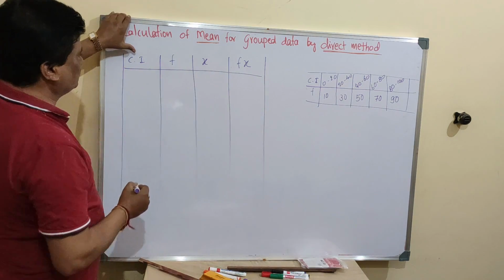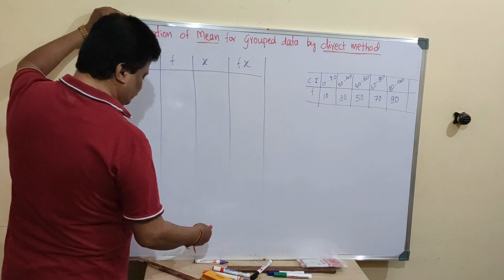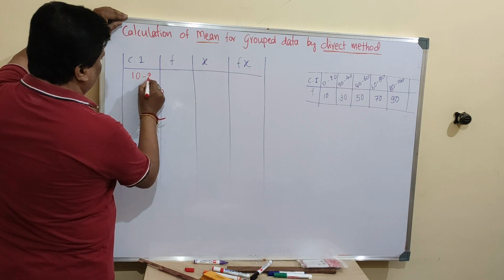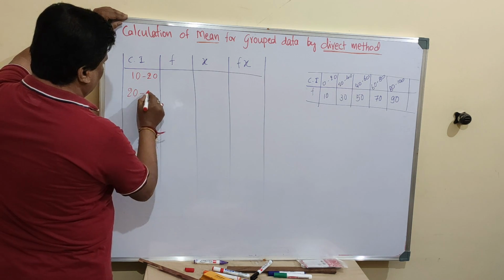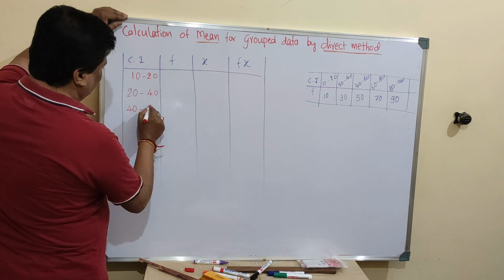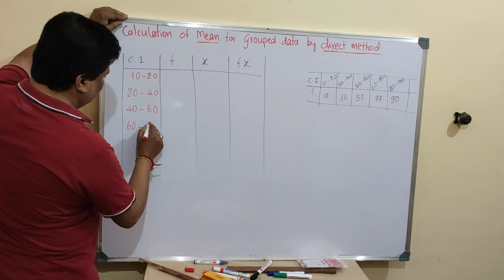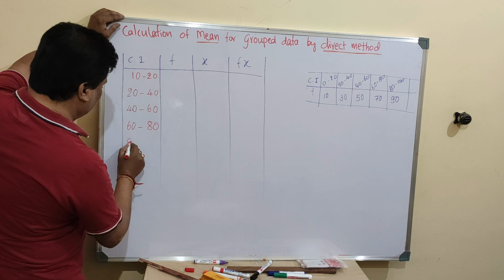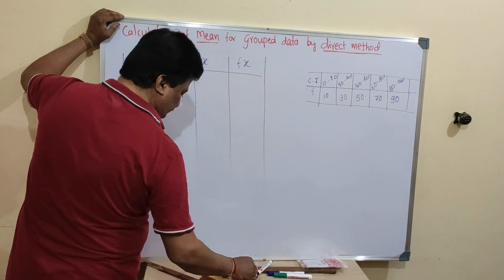Class intervals: 0 to 20, 20 to 40, 40 to 60, 60 to 80, then 80 to 100.